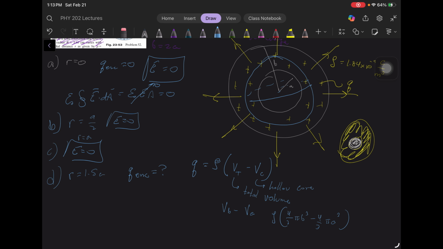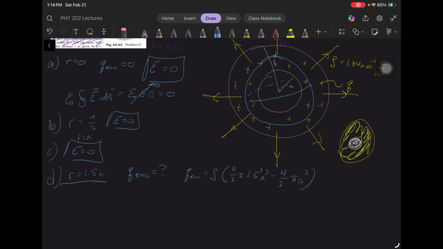But we're not that far, right? We're halfway through A and B. And so what we're going to do is say Q enclosed is equal to rho times 4/3 pi r cubed, which is 1.5 A cubed, minus 4/3 pi A cubed.